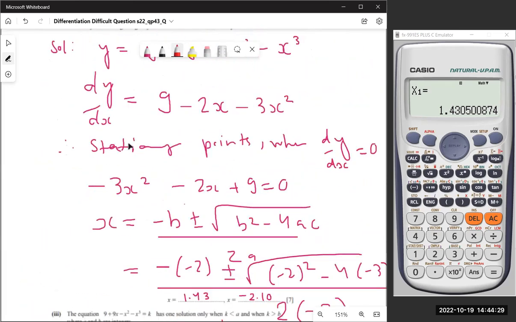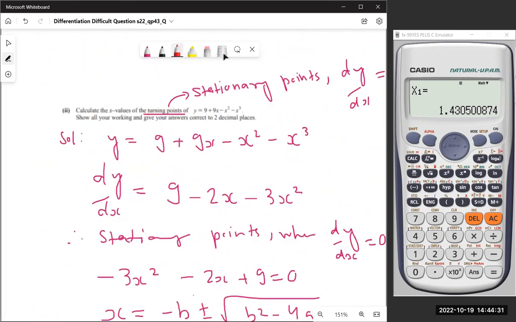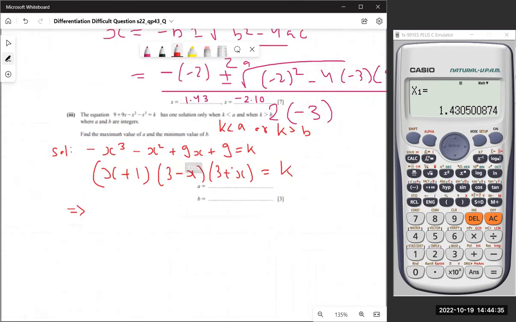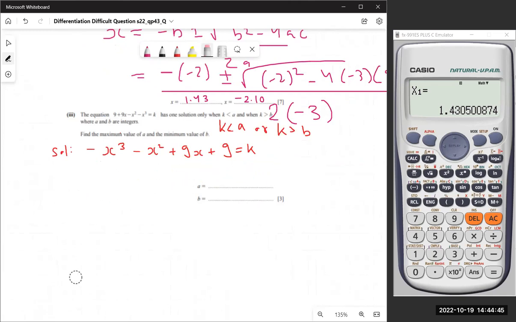And they've given us the stationary points here. All right. Okay. How are we supposed to solve this? So do we know what A and B are? No, that's what we're trying to find. Just give me 1 second, right? Now, give me 1 second.